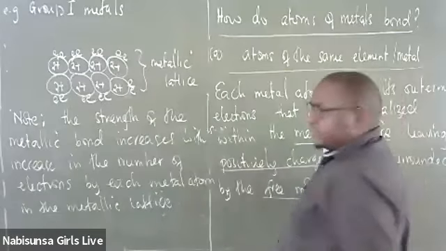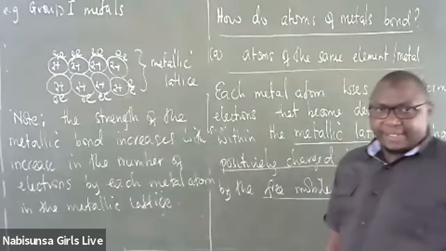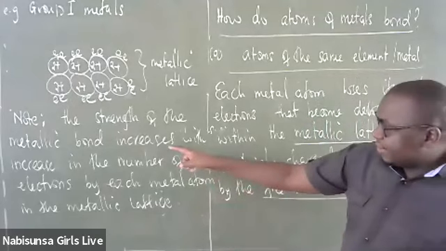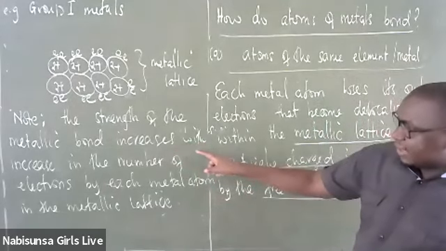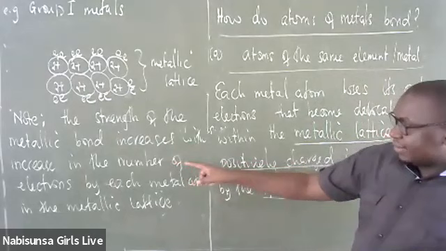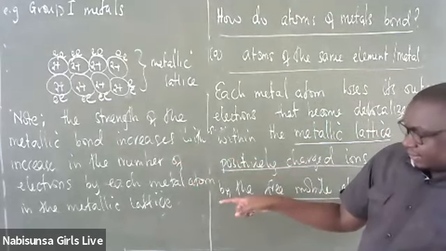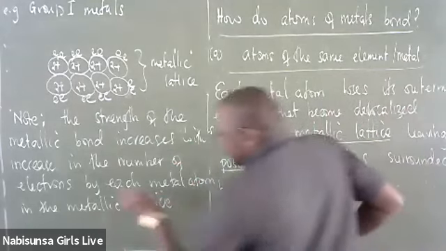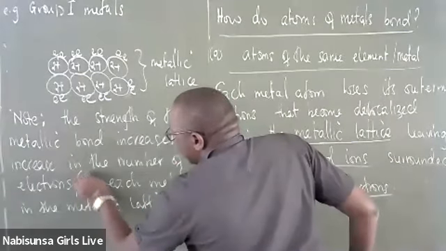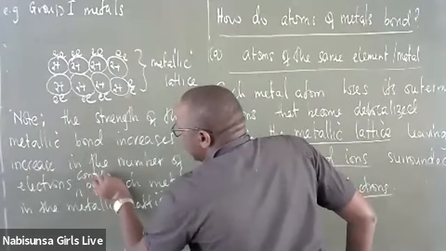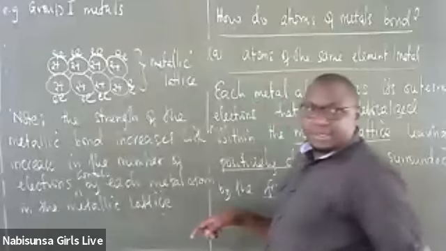So, what am I trying to say? The strength of the metallic bond here increases with increase in the number of electrons contributed. I've skipped something here. Contributed by each, there is a word contributed.